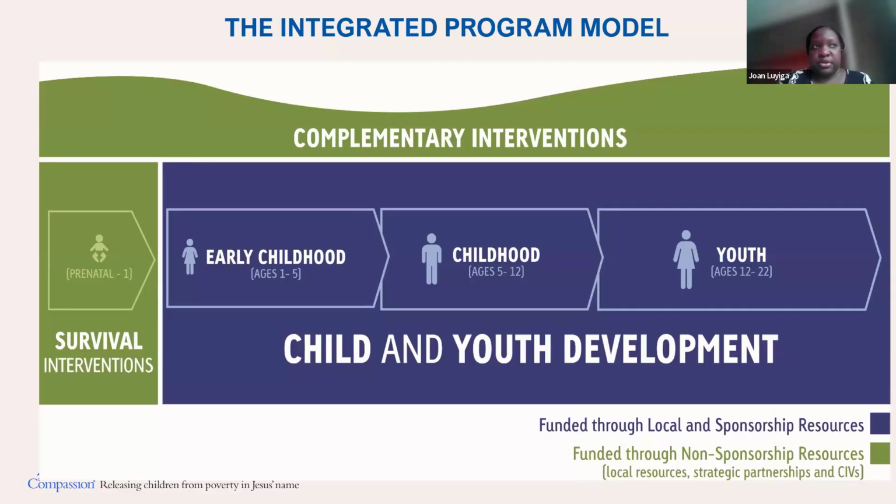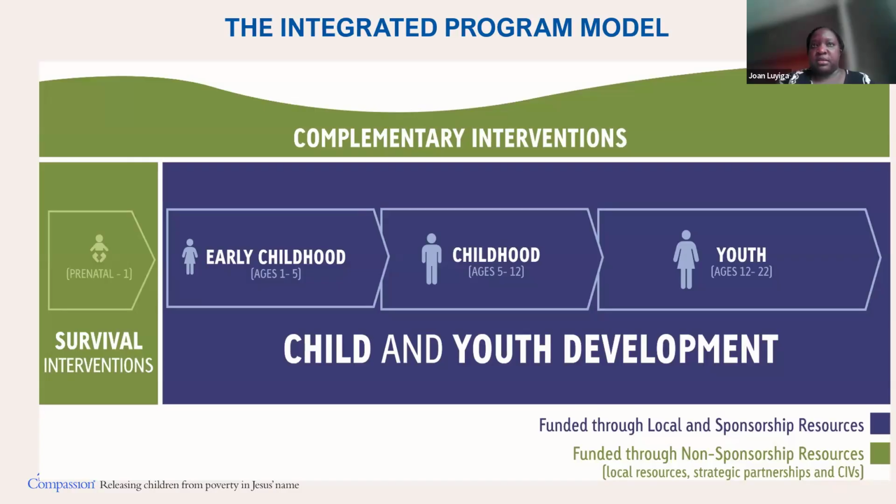We usually encourage that at 2, we start preparing this child for school, and in turn preparing this child to also cross over to what we call center-based programming. So the child can also transition from home-based programming to center-based programming. This transition happens between the age group of 3 to 5.